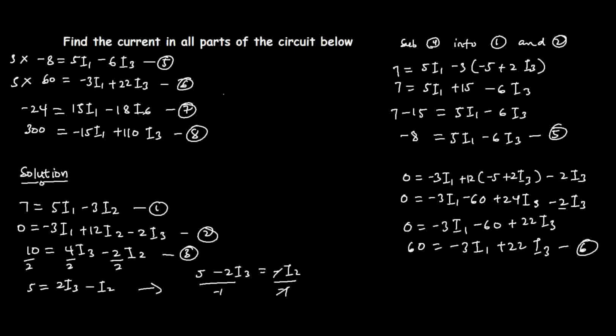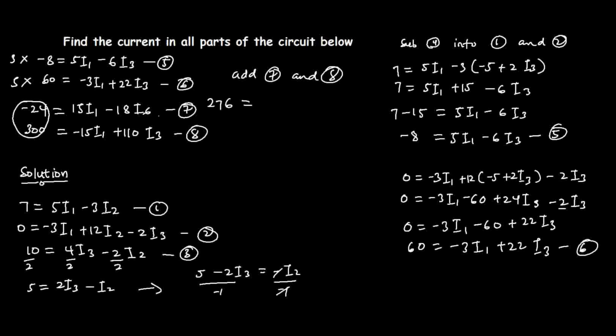Okay, so let's continue. From here, we are going to add equation 7 and 8. Adding 7 and 8, from this side here, we have minus 24 plus 300, and that will give us 276.